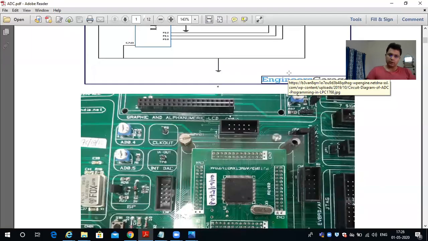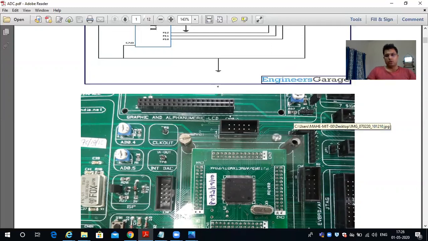Hello everyone. In this module, I will discuss ADC, that is analog to digital converter. As we all know, the microcontroller requires digital input, and then it can process it.